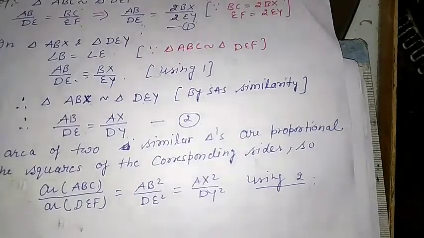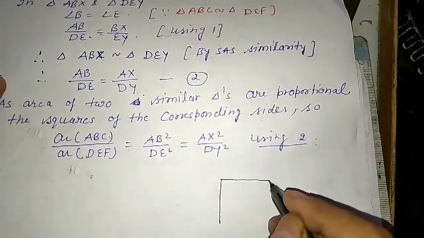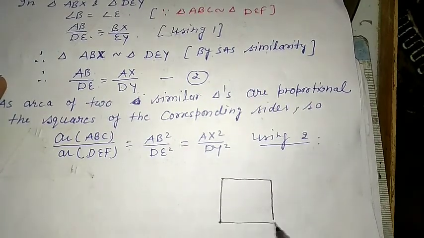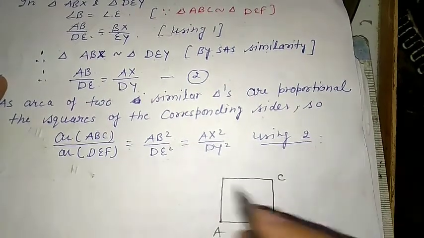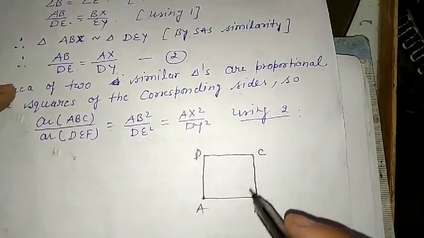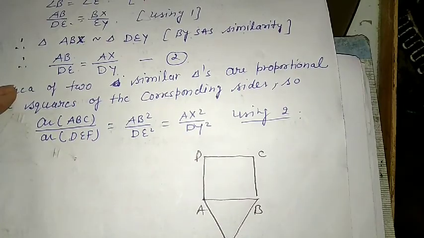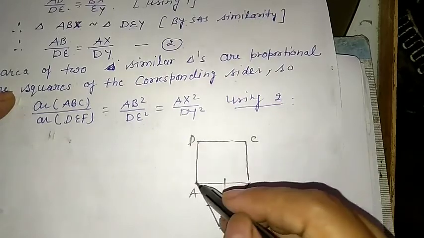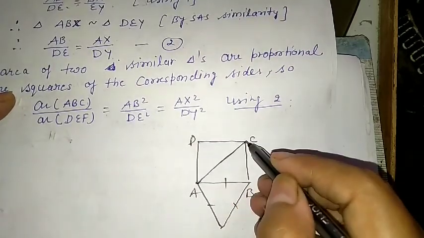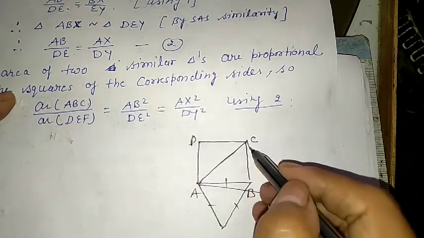So here we have ABCD, a square. One equilateral triangle is on one side, and the other here is a diagonal, and the other triangle is on the diagonal.